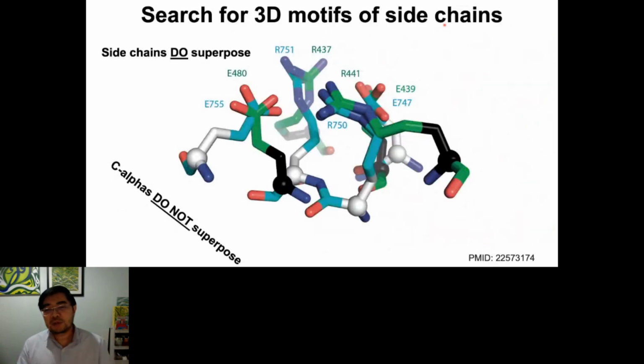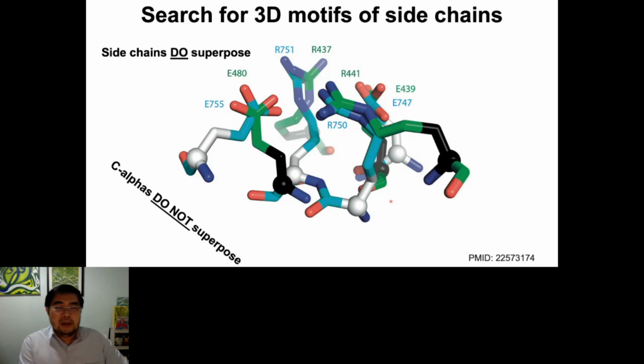And to demonstrate that, we can show you here an example where you can see that the side chains superpose, although the C-alphas are quite distant. So if this were a functional arrangement, then the function will be preserved or conserved, although as you can see here, if you were to carry out a C-alpha search, it will not be able to retrieve this particular match.